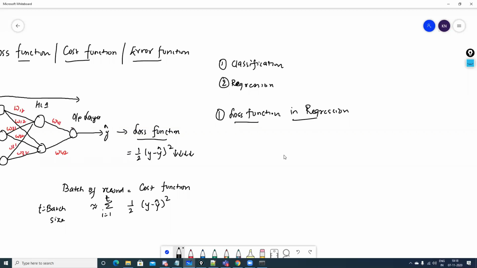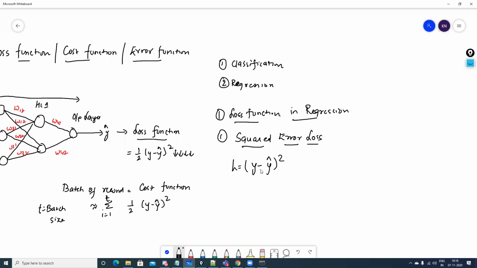The first loss function is called squared error loss. Squared error loss is given by a simple formula, L is equal to (y minus y hat) whole square.